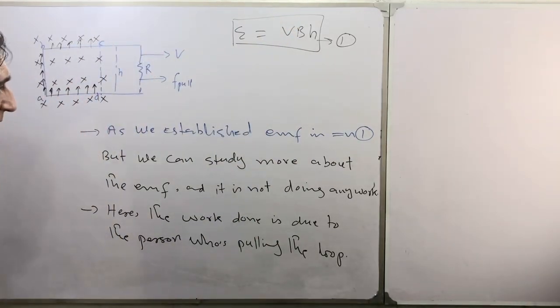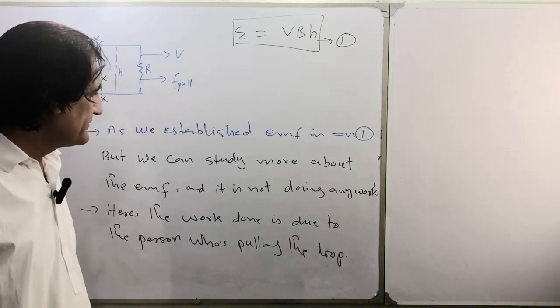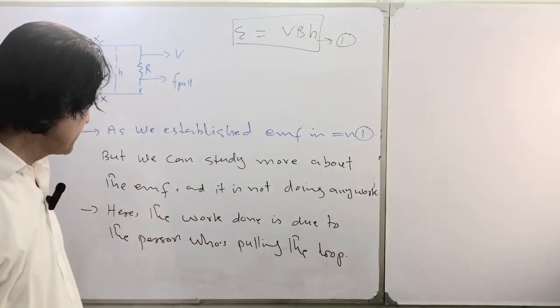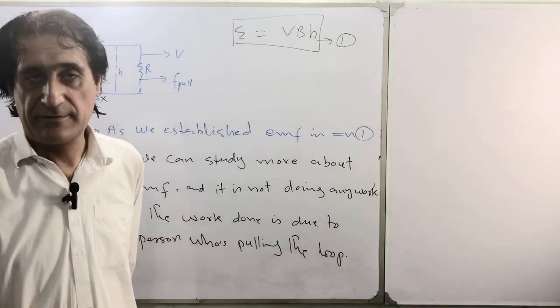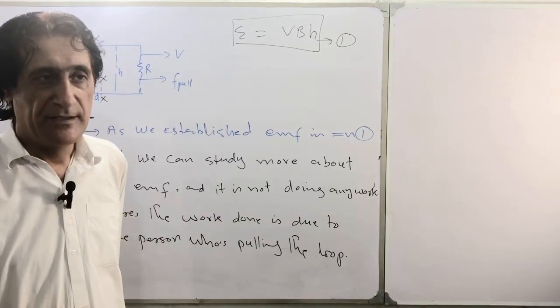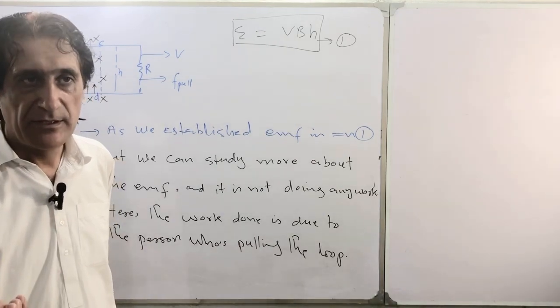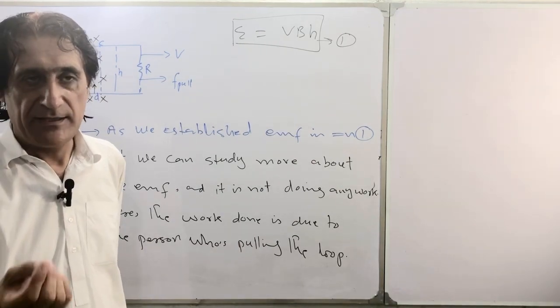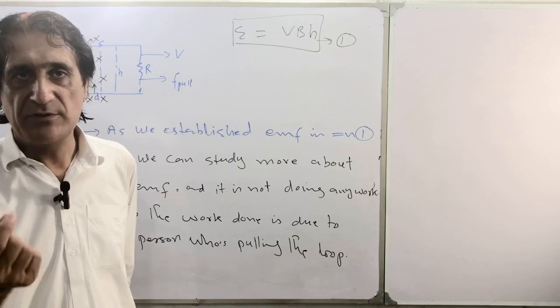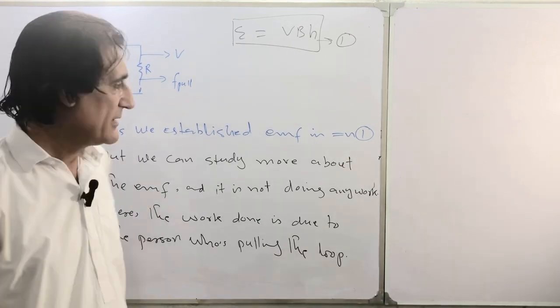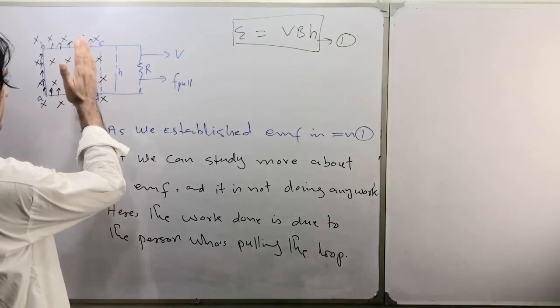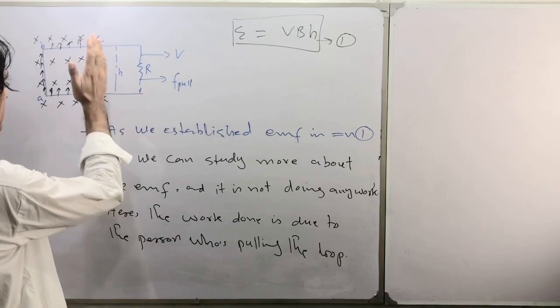but we can study more about this EMF, because the magnetic force does not do any work. So the question is, who is responsible for doing this work? Because the magnetic force does not do any work.